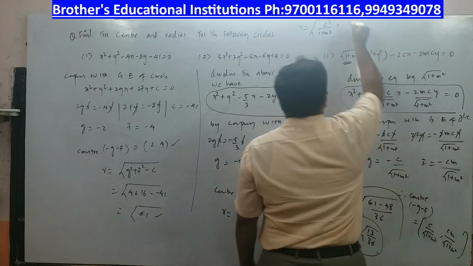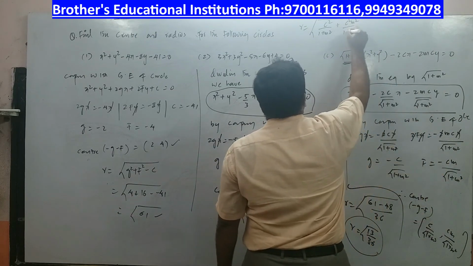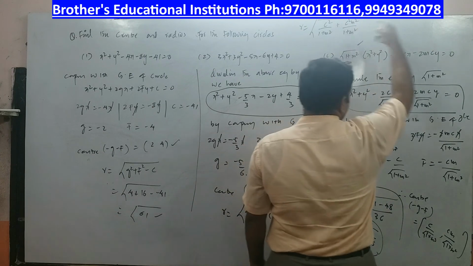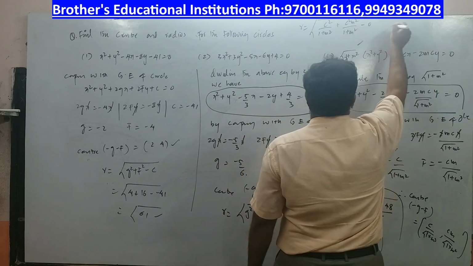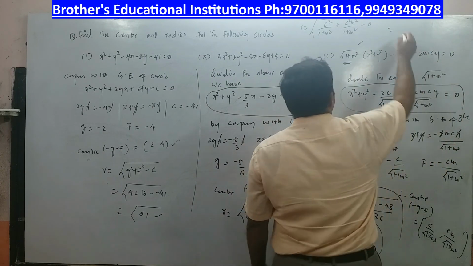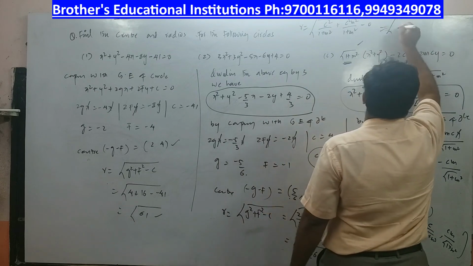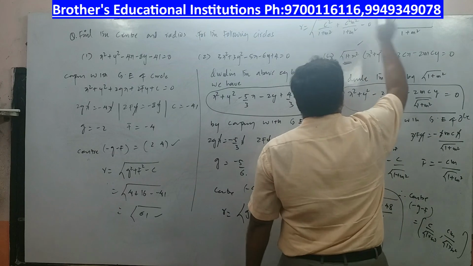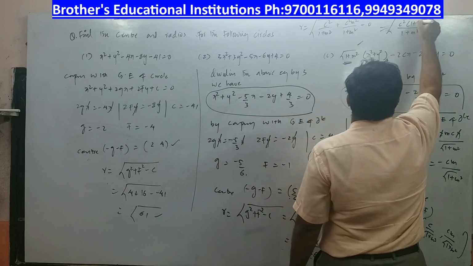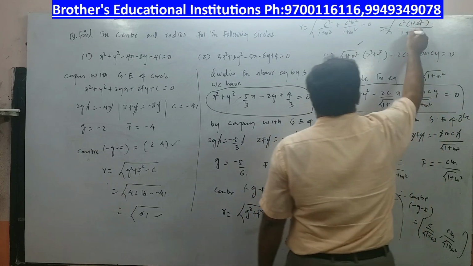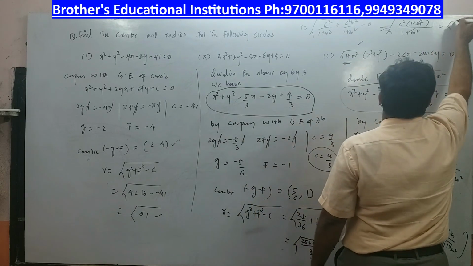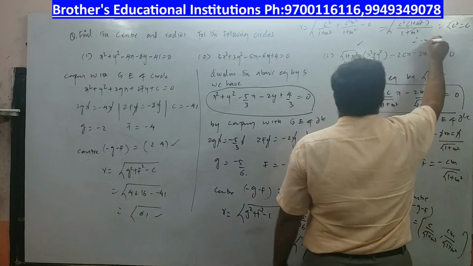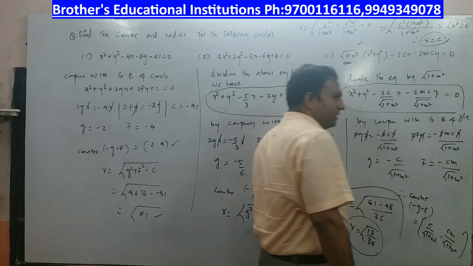What is f square? C square m square by 1 plus m square. Minus 0 because the constant is not there. So radius is equal to under root. What is the LCM? LCM is 1 plus m square, and you are having what? C square common, 1 plus m square. 1 plus m square will get cancelled. Under root of c square is equal to c. So therefore for this problem the radius is c.